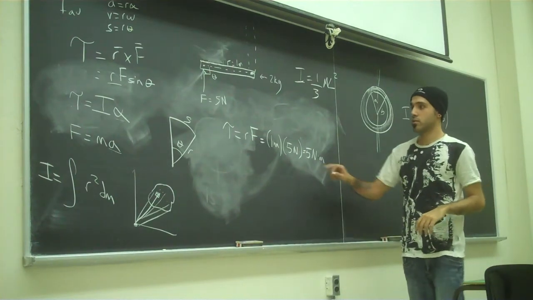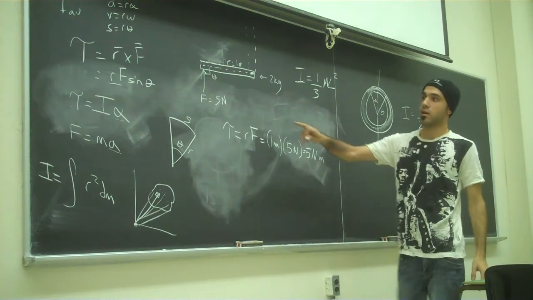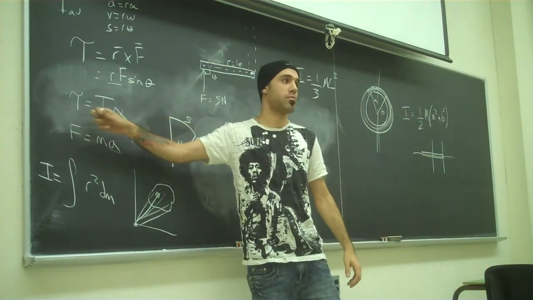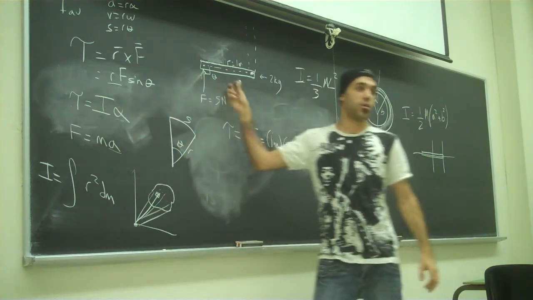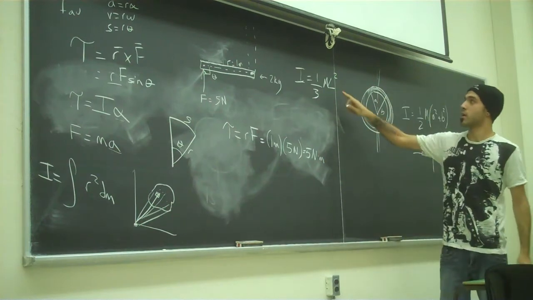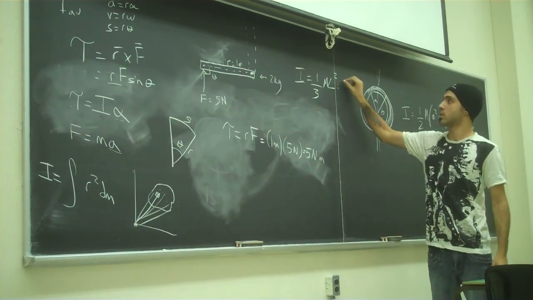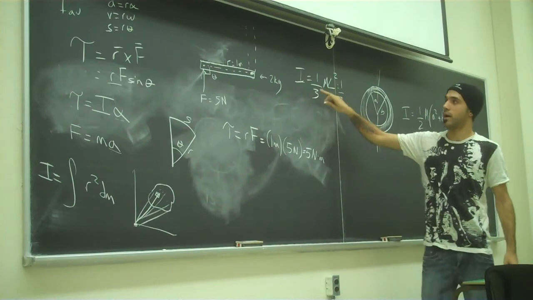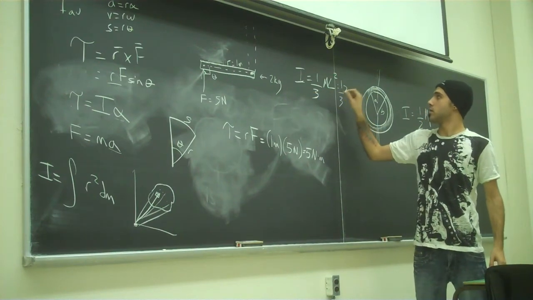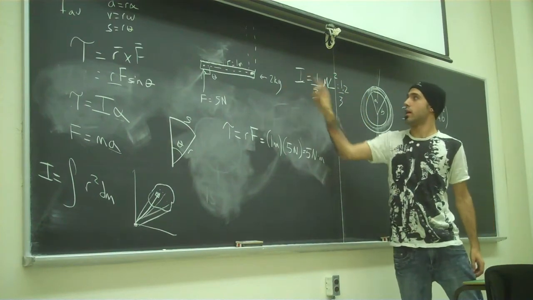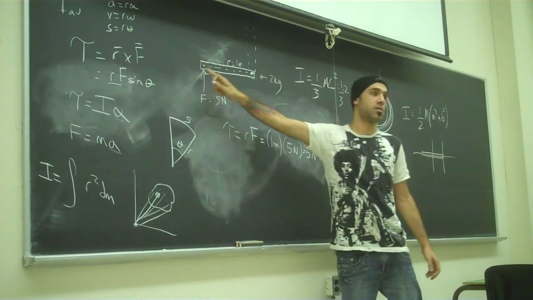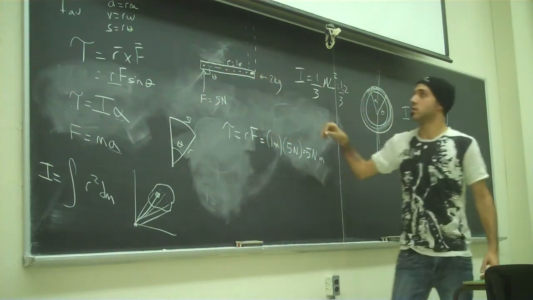If I want to find the angular acceleration that I would get, I just have to divide the torque by the moment of inertia of the rod, and I'll get the angular acceleration. Let's calculate the moment of inertia from here. 1/3, the mass I said was 2, so 1/3 times 2, and the length is really just the radius as well, so that's a meter.